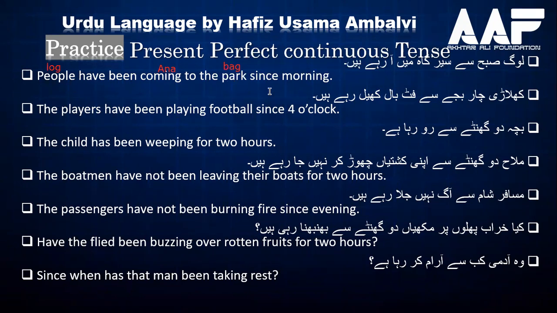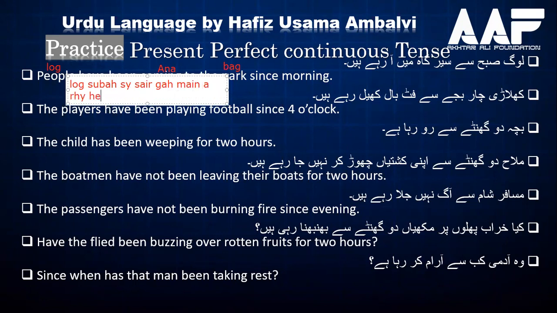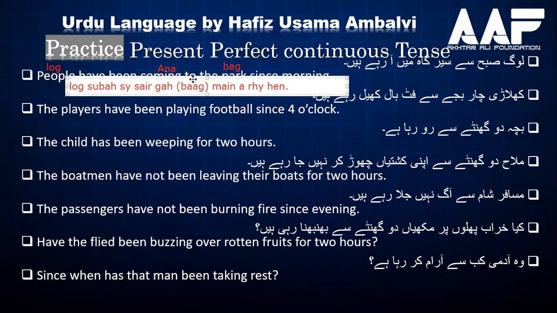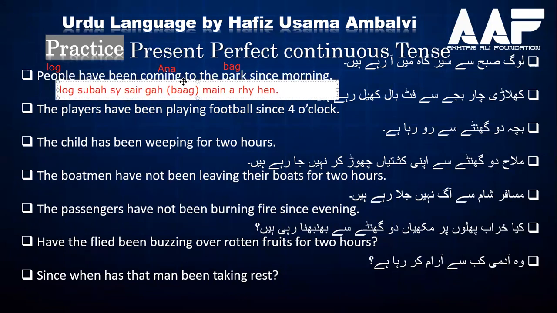So you can say log subah se serga mein aa rahe hain, or you can also say log subah se baag mein aa rahe hain. Baag means garden or park. So you can say log subah se baag mein aa rahe hain.